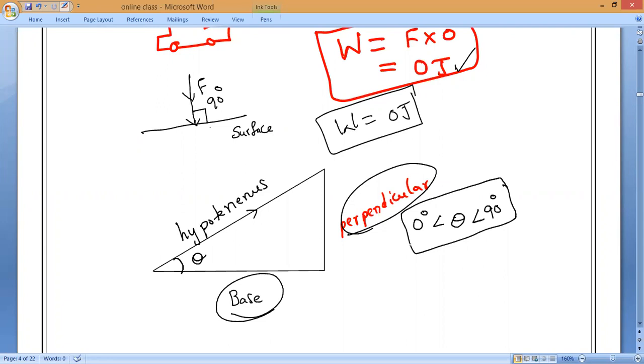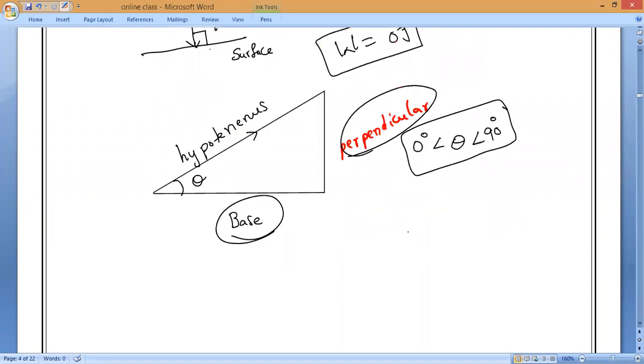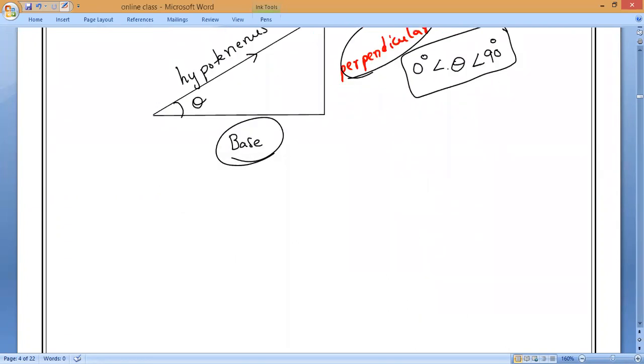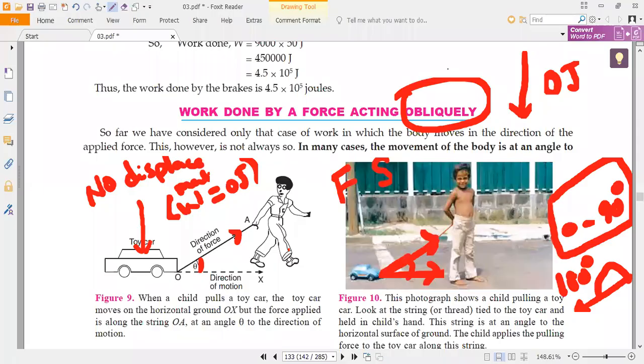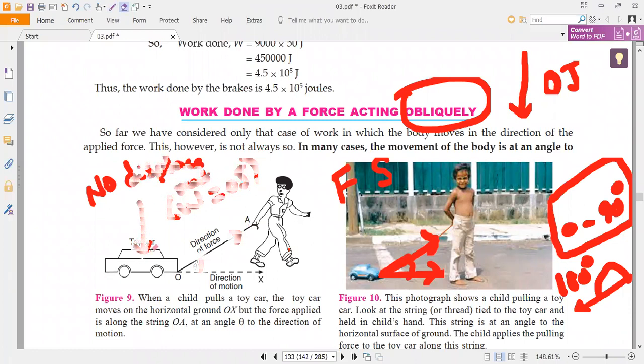Understood? Only then is work said to be done. In the case of the boy pulling the toy car, is he applying the force parallel, perpendicular, or oblique? Verify it, everybody. He is applying the force obliquely.